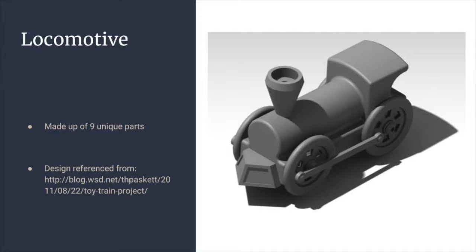The next subassembly that we will be discussing is the locomotive subassembly. This subassembly is made up of 9 unique parts. These parts include the train body, stack, hitch peg, hitch magnet, cow catcher, 4 wheels, 4 linkage pegs, 4 axle pegs, and 2 linkage arms.